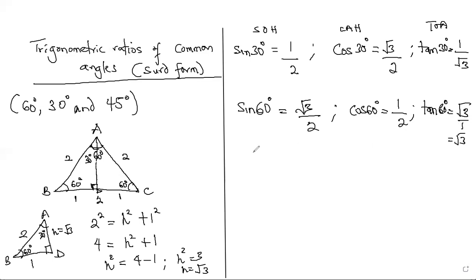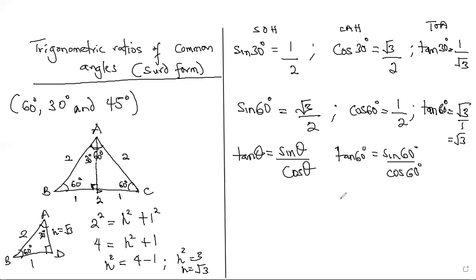You can see this is true because tan theta is sine theta over cos theta. We can verify that. Tan 60 will be sine 60 over cos 60. Sine 60 is root 3 over 2, divided by cos 60, which is half.